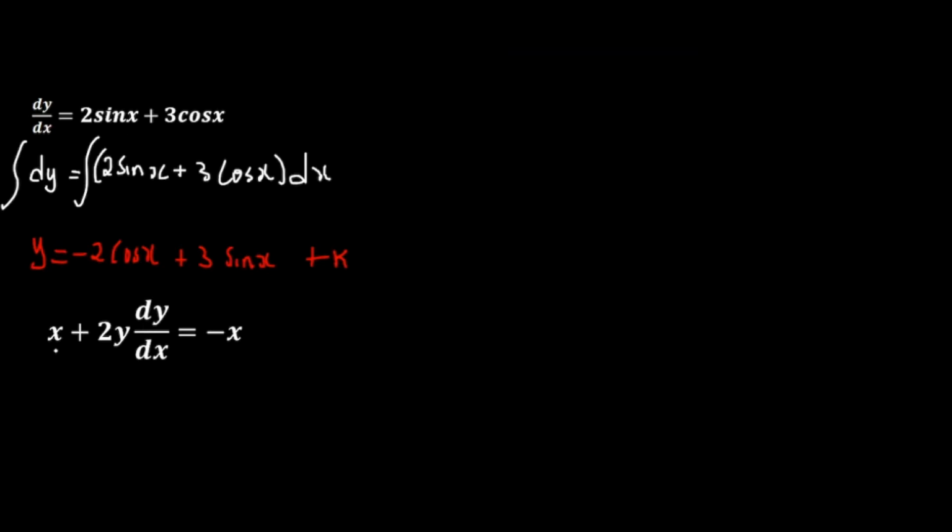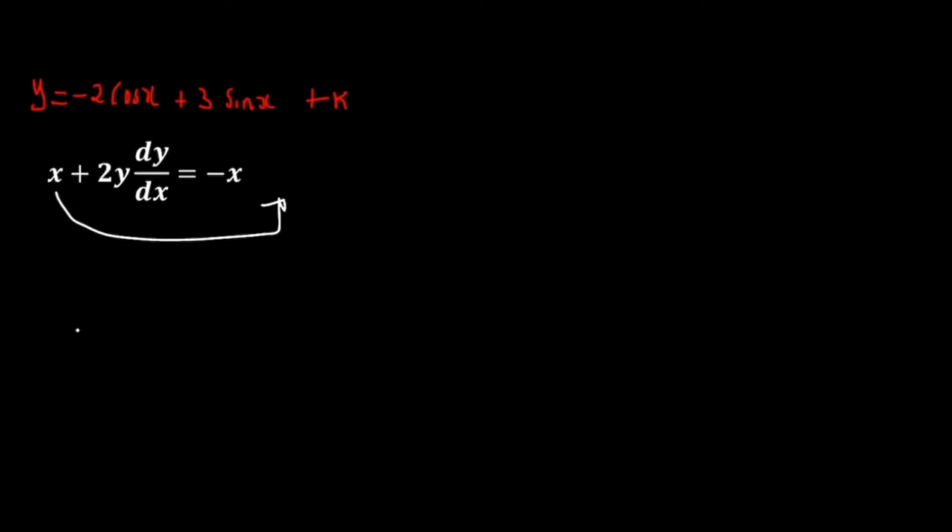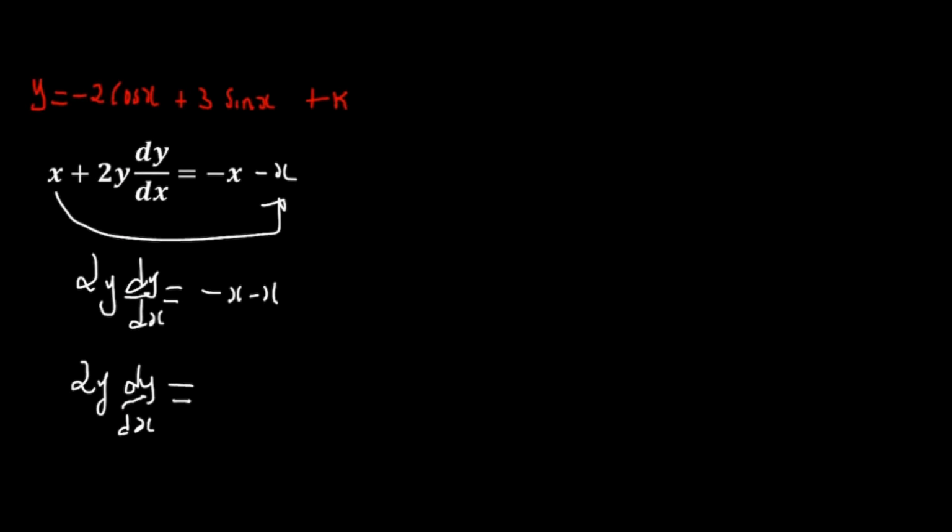On the left hand side we are going to have 2y dy all over dx equal to minus x. So when x goes this way, it becomes minus x. So we're going to have 2y dy all over dx equal to minus 2x.